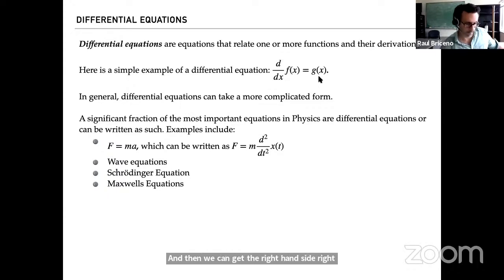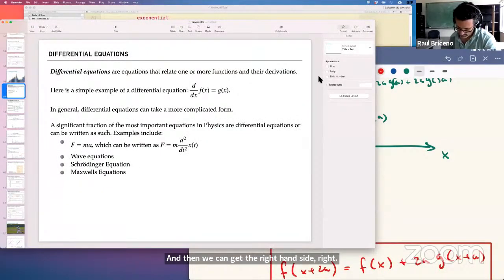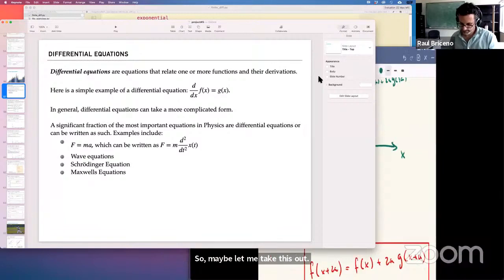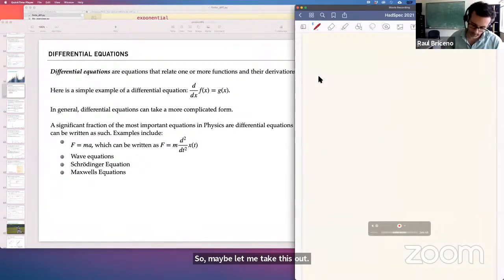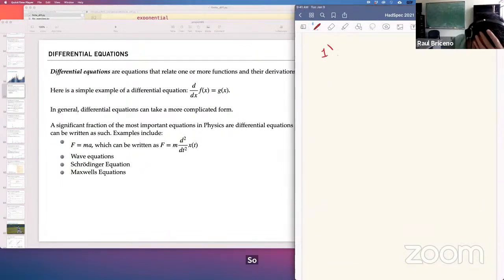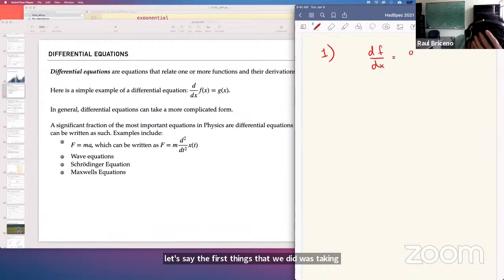So maybe let me take this out. So let's say the first things that we did was taking derivatives to find g.